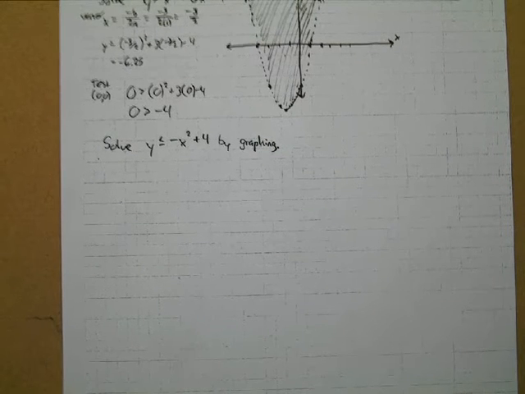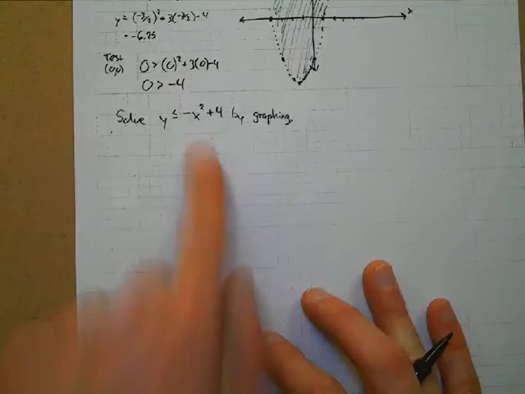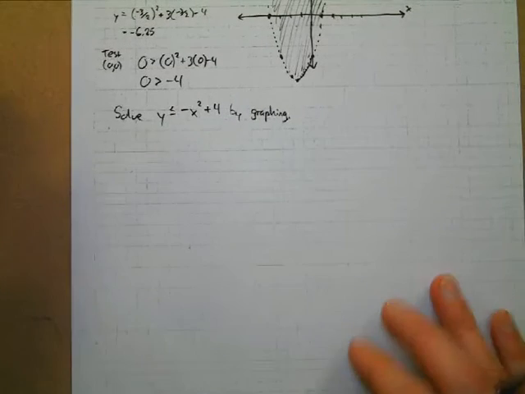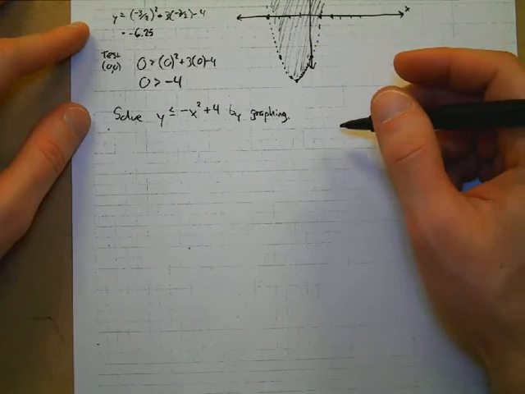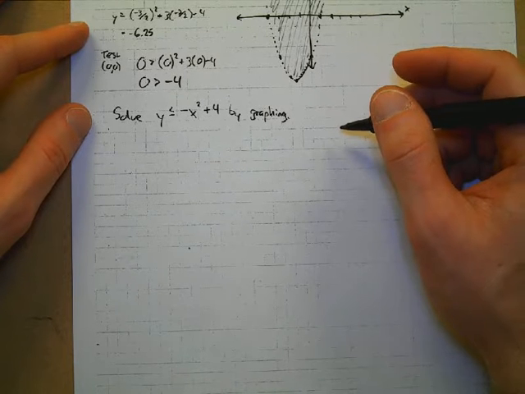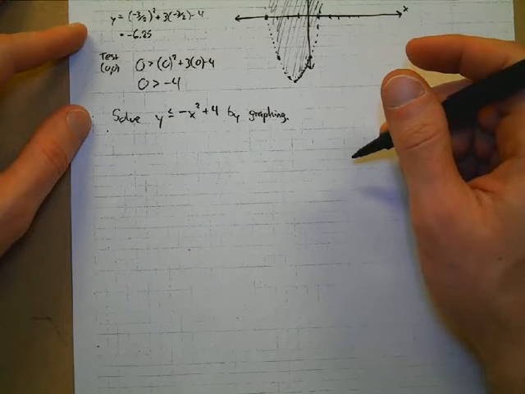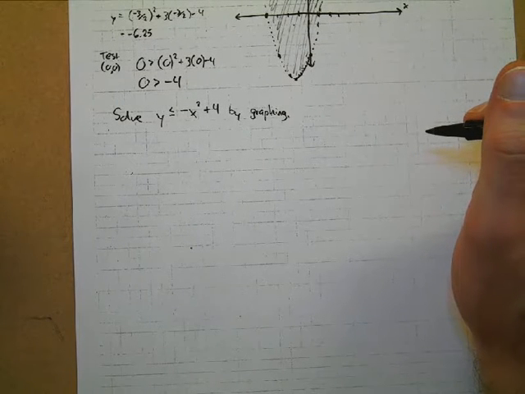You could still use negative b over 2a if you wanted to, but how would you like to graph this, Amanda? What would you like to do? Well, so how would you go about trying to graph this? What would you maybe try and do here? Or what do you notice about it? Or are you not sure how to graph it? Okay, that's fine. So let's use that negative b over 2a that we did before maybe.